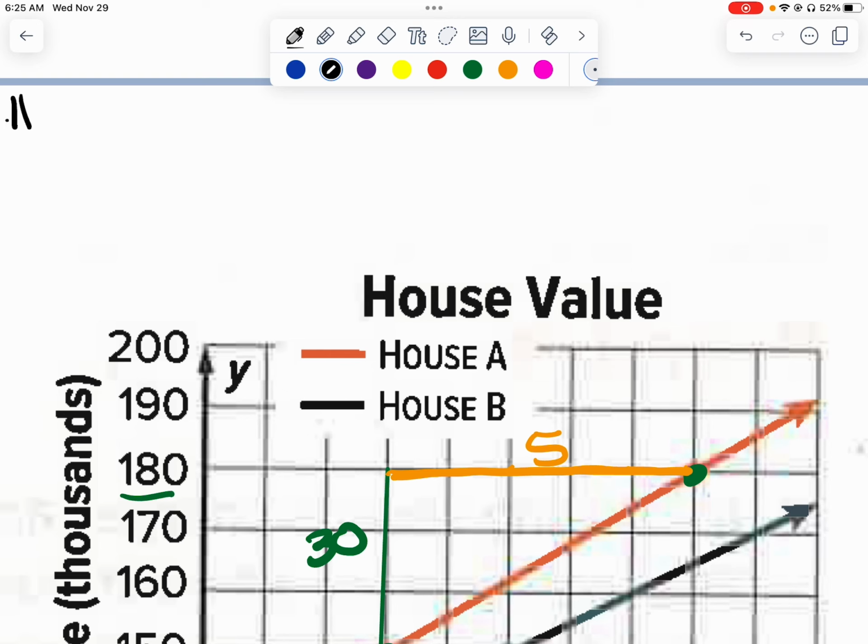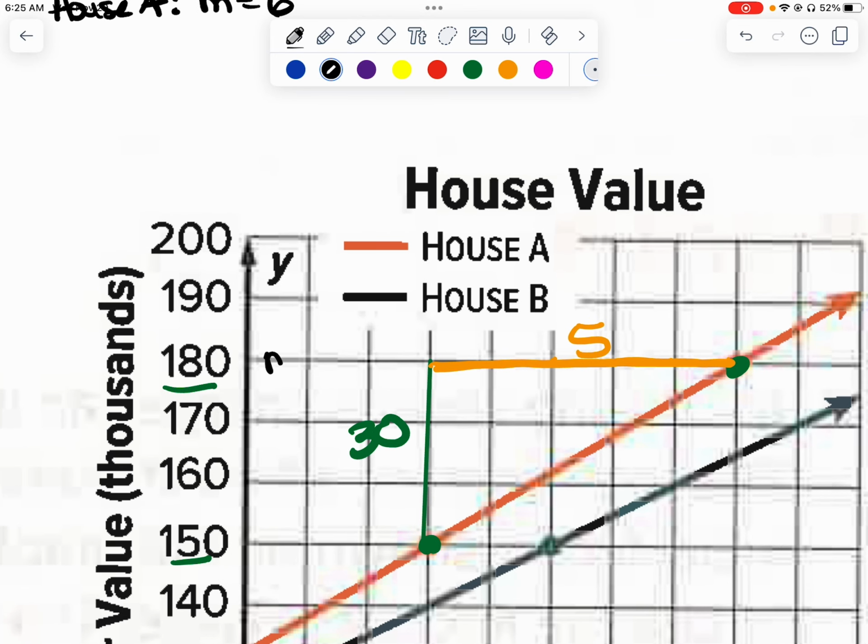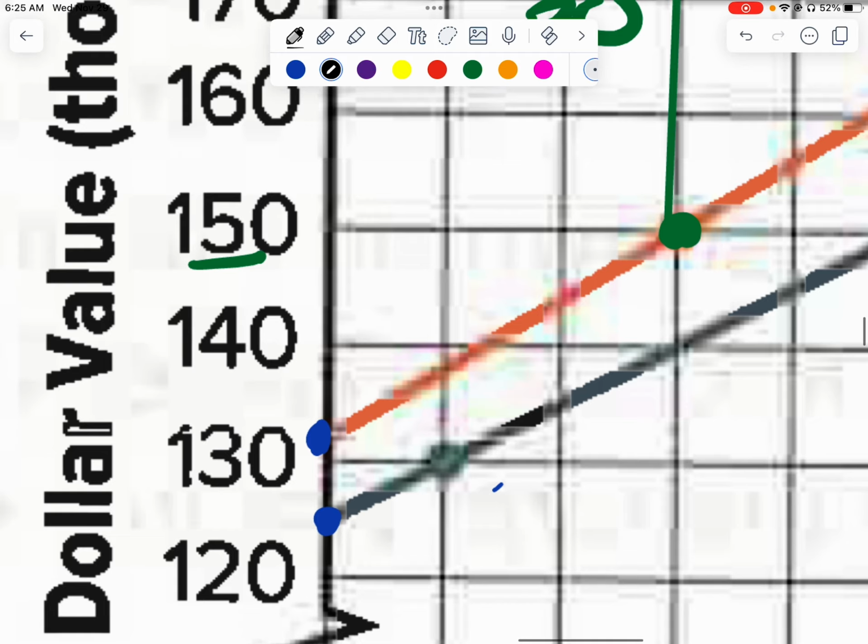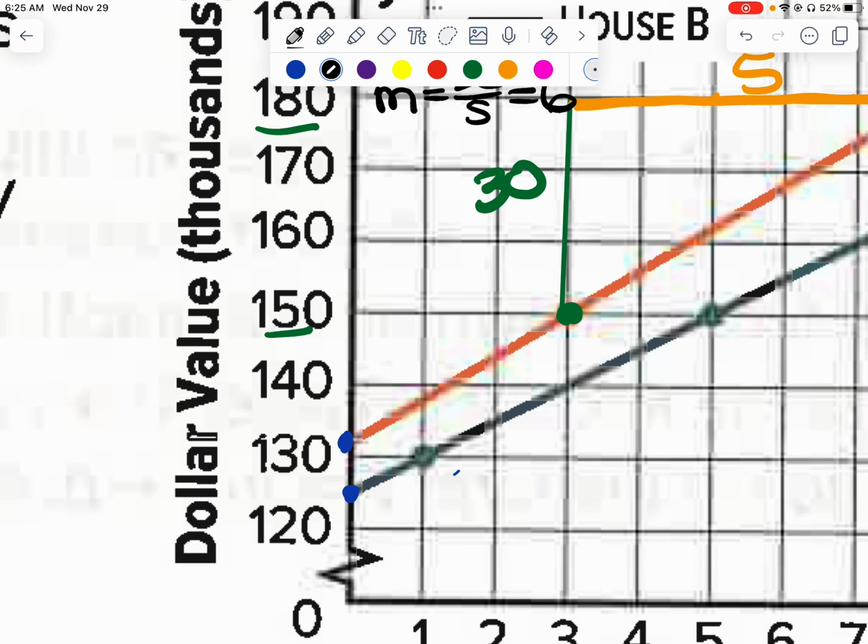For house A we have a slope of 6 because it's 30 over 5. Okay, so the slope here is 30 over 5, which gets me 6. So if you look at this, it's not at 130.